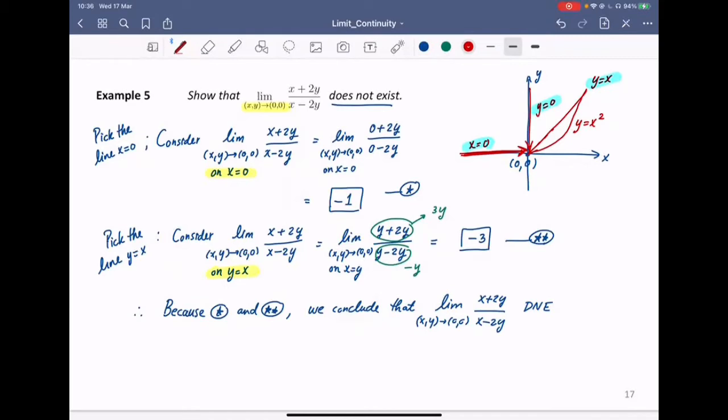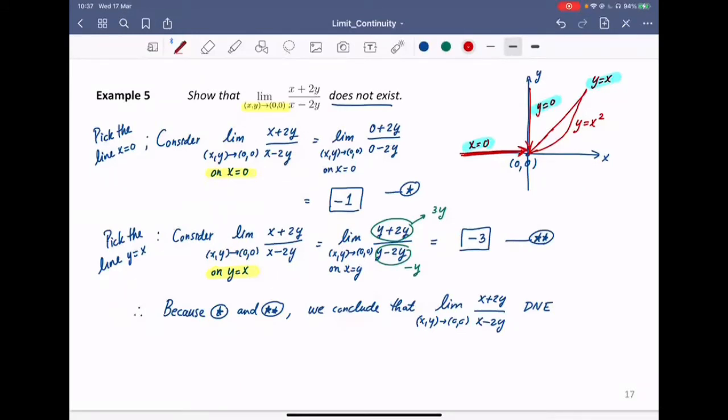But you have to find two different curves that give you two different limits. If you keep doing it this way and you get the same limit all the time, that means maybe the limit exists, right? Because in case of the existence of the limit, you're going to get the same limit on every line. Does it make sense? All right.